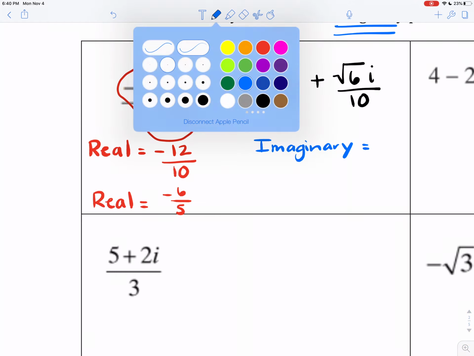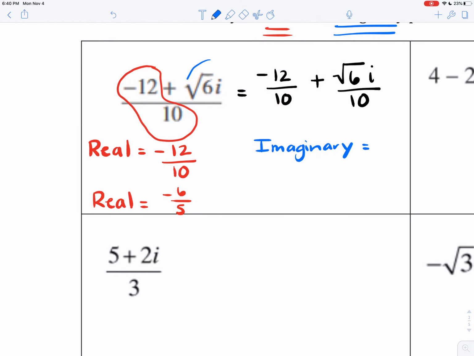So that means my imaginary part is going to be this entire term here, which contains the imaginary unit. So I'm going to write the imaginary part of my number here as the square root of 6 times i over 10. We're just splitting up what's the real part, what's the imaginary part.